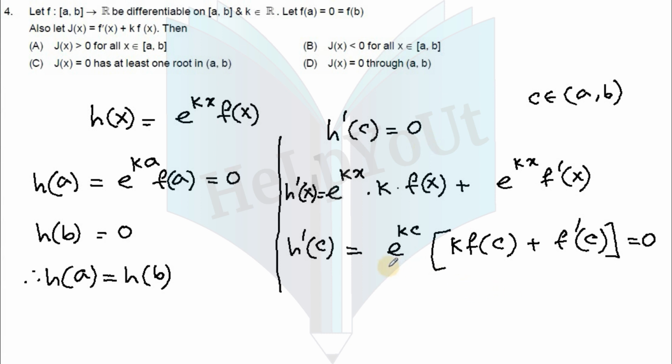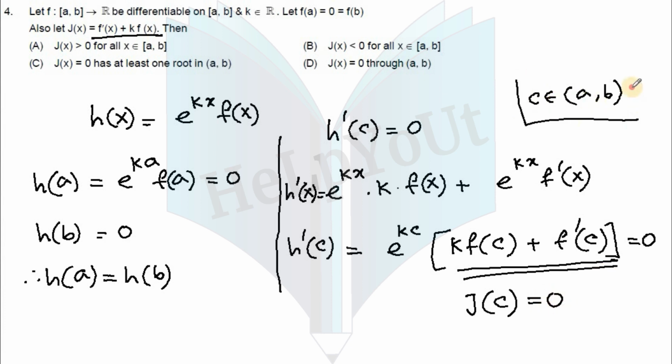E to the power kc cannot be 0, so we get this part equals 0. See, this is j(x), in fact this is j(c), I mean. So we got j(c) equals 0 for some c in the interval a to b. So option C is correct.